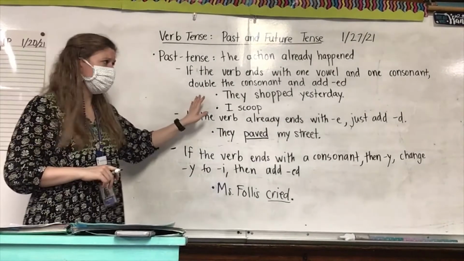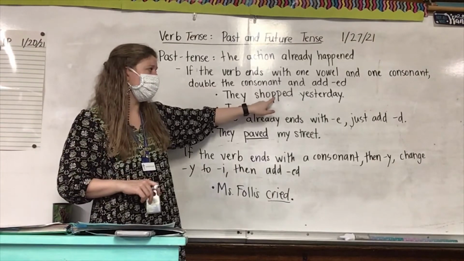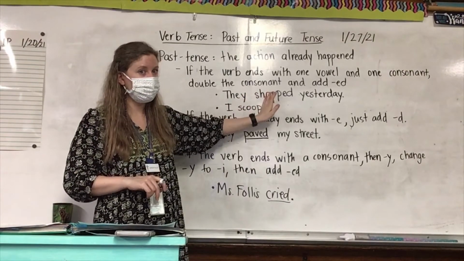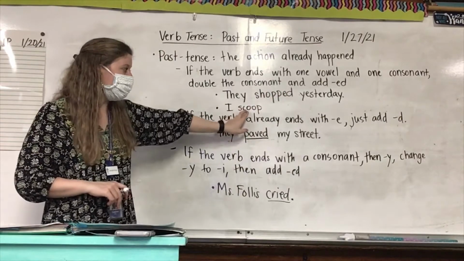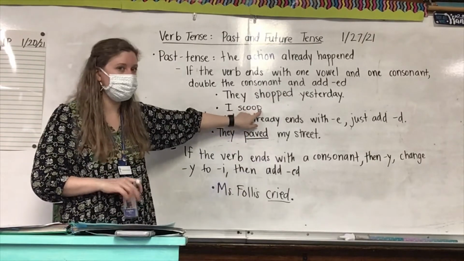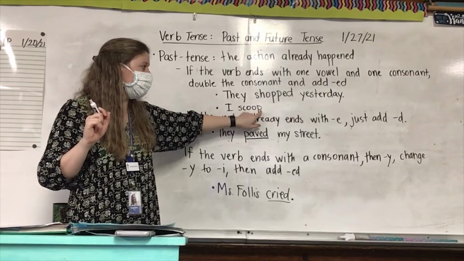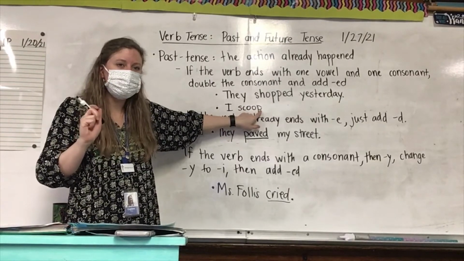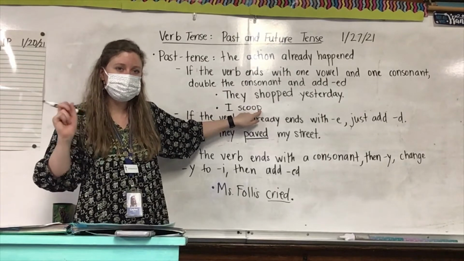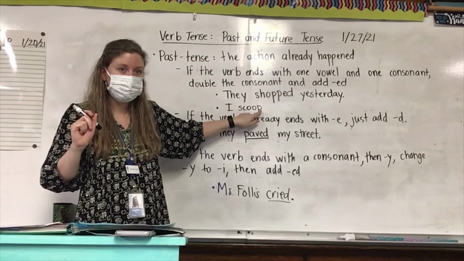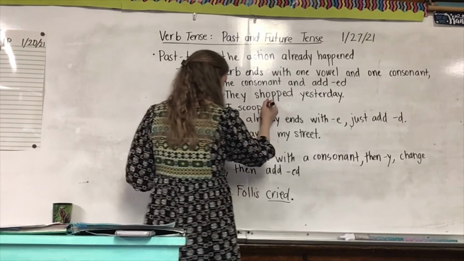So, if the verb ends with one vowel and one consonant, like shop, we double the consonant, add ed. But if it ends with two vowels and one consonant, Cullen, one more time, does that follow the rule? No. So, are there any rules we follow? What do you think we do to make this past tense? I scooped ice cream yesterday. Just add ed.